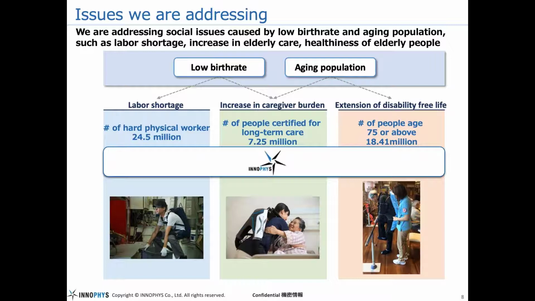So we are addressing issues for those segments, and I believe what is happening in Japan is going to happen in other nations as well. Again, Innophys is approaching those issues and developing products.